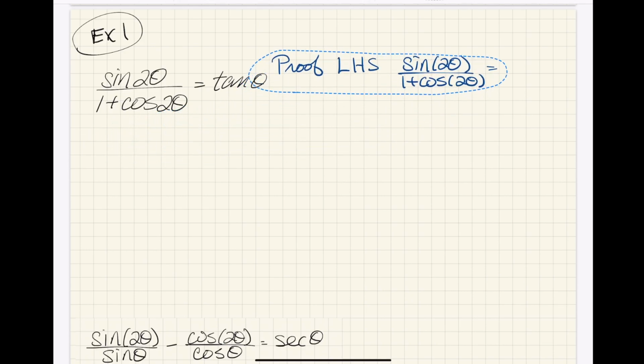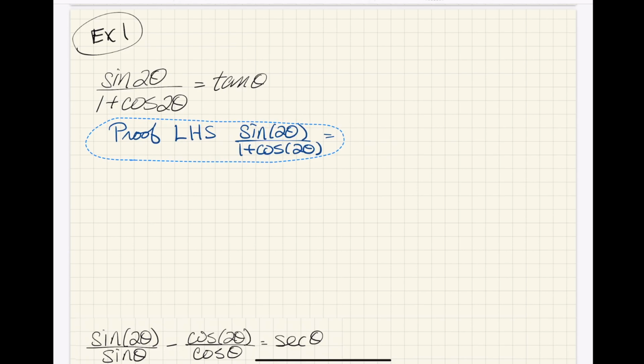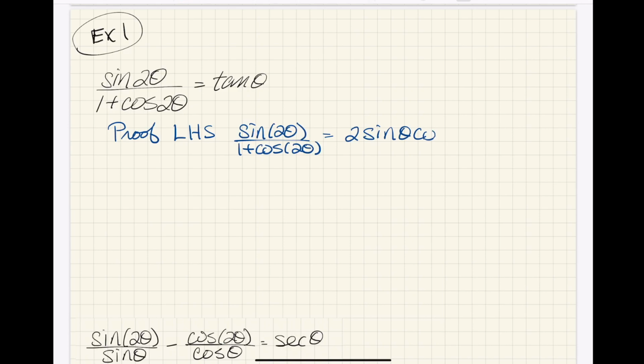We're going to only have one choice of saying the sine of 2 theta is equal to 2 times the sine of theta cosine of theta. And that is going to be over 1 plus, okay.